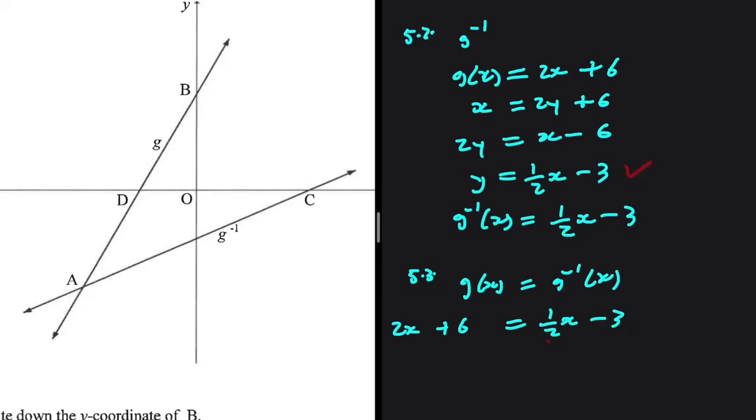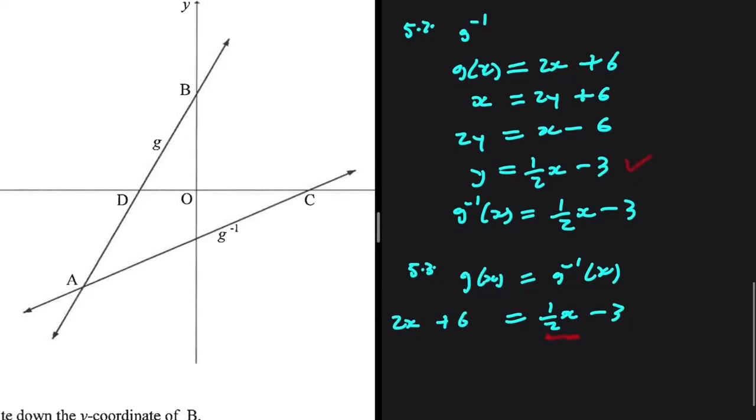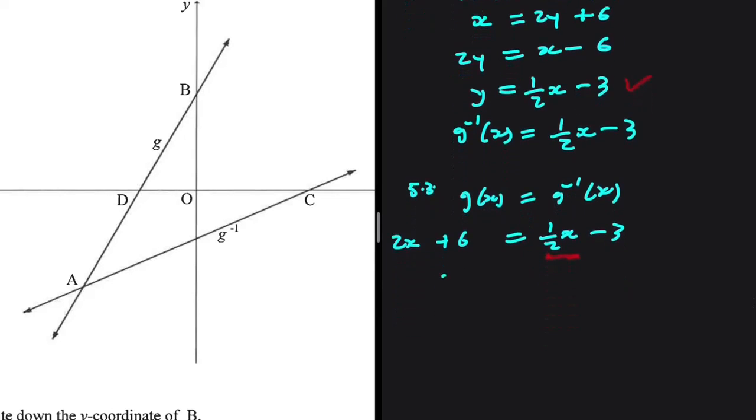Let me take a half x to the left hand side. If I do that, I'm going to get 3 divided by 2 x equals minus 9. I'm taking plus 6 to the right hand side, so I get minus 3 minus 6, which is minus 9. Now what I have to do is divide both sides by 3 divided by 2. If I do that, I get x equals minus 6. So that is the x value at A.